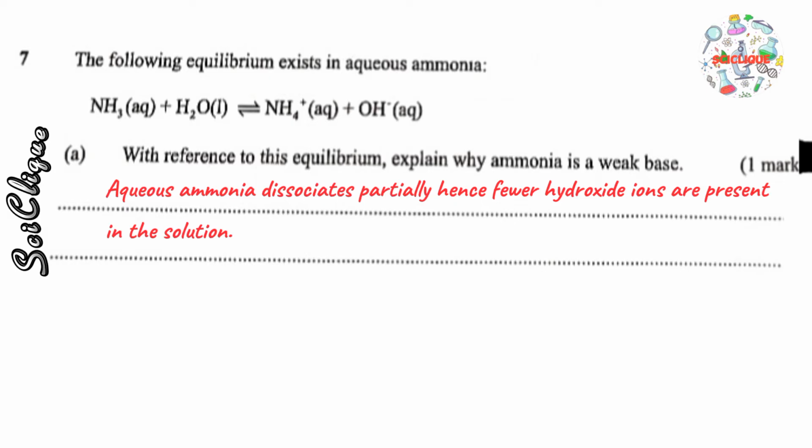A strong base is one that completely dissociates in water, leading to the formation of a lot of hydroxide ions, for example, sodium hydroxide. Weak bases partially dissociate. Some molecules break down, leading to the formation of hydroxide ions, while some don't. So at the end of it, you're going to have fewer hydroxide ions, and therefore this makes them a weak base.